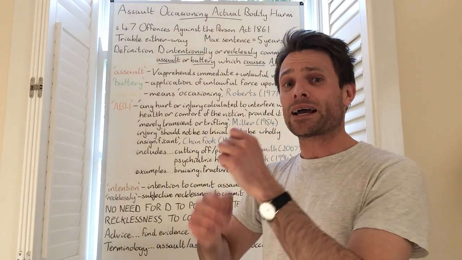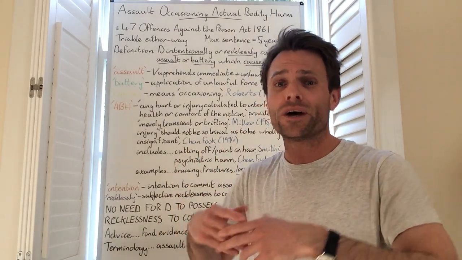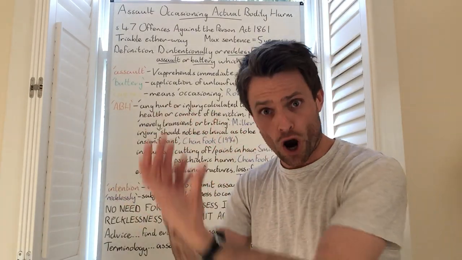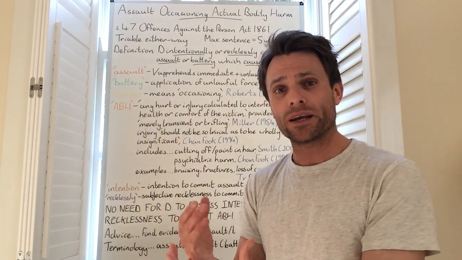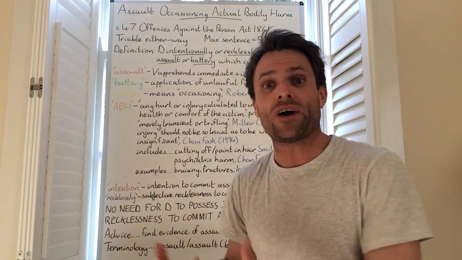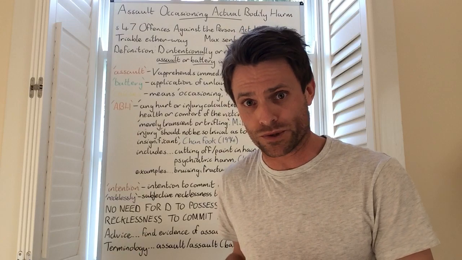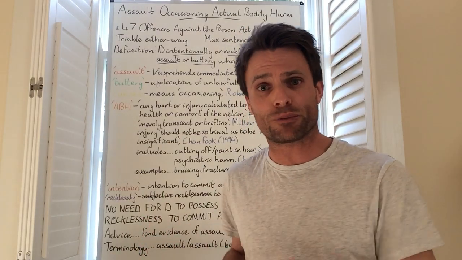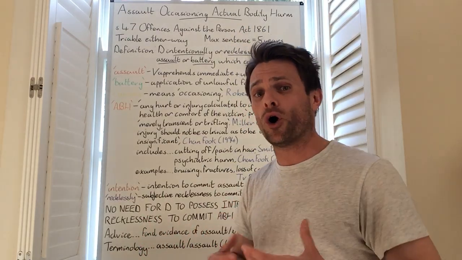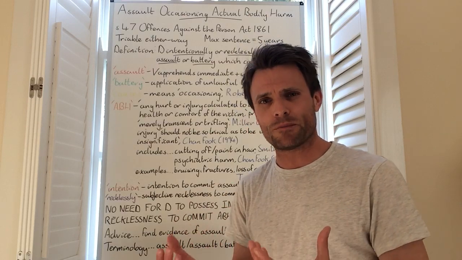Now the victim, in climbing down their makeshift rope down the side of the building, actually fell off and broke some bones, fractured some limbs, and indeed broke their hip, I think, and therefore you'd normally think that would come under the remit of ABH.